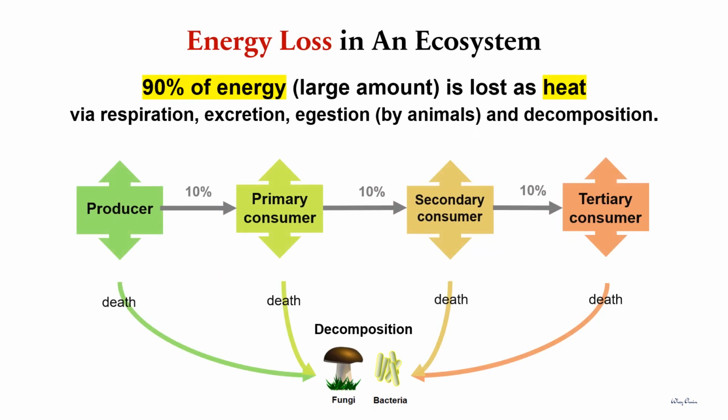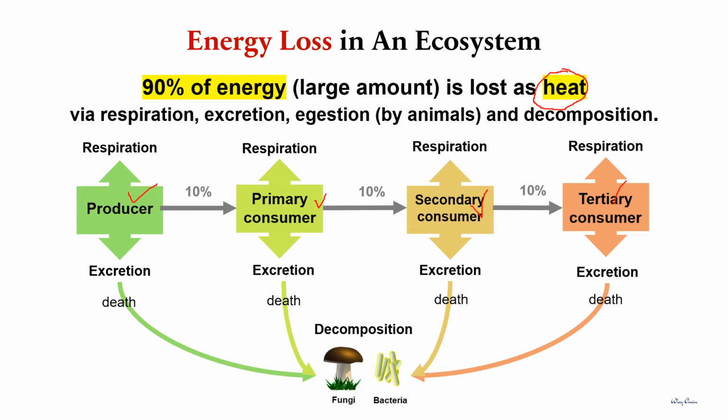The majority of the energy, or 90% of the energy, will be lost as heat to the environment through a few processes. From the first trophic level, such as producer, to the following trophic level, such as primary consumer, then secondary consumer, and lastly tertiary consumer, the energy can be lost through the process of respiration, and all the trophic levels are able to perform excretion.